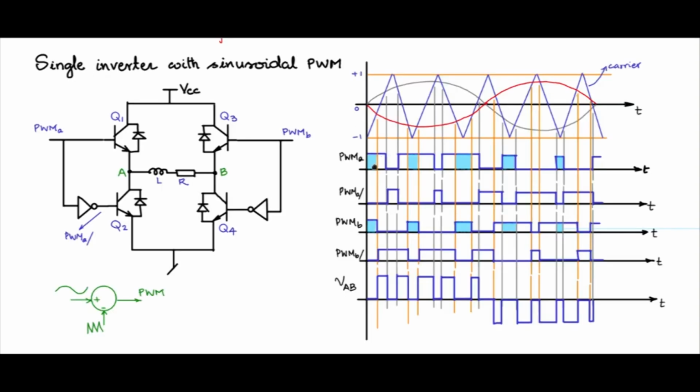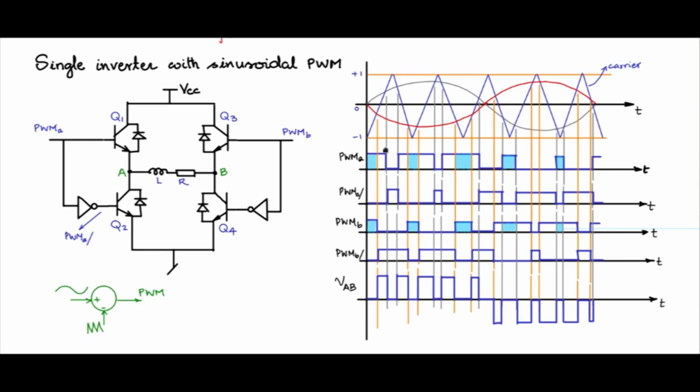If you look at these waveforms here, you take PWM A and PWM A bar, or PWM B and PWM B bar. They are mutually exclusive, 180 degrees out of phase. So when Q1 is on, Q2 is off, Q2 is on, Q1 is off. Look at these two waveforms. They definitely are inverted, 180 degrees out of phase. However, the problem occurs at the transition.